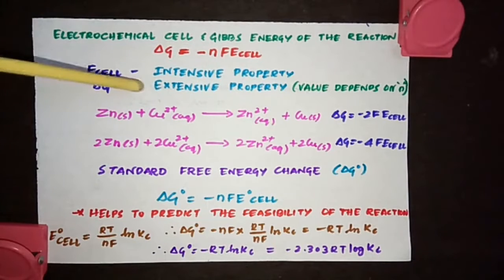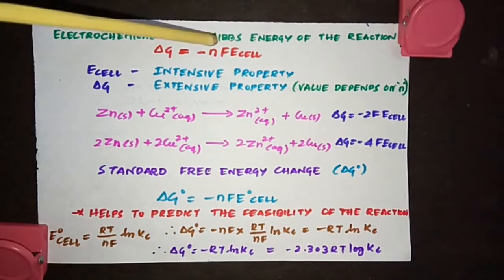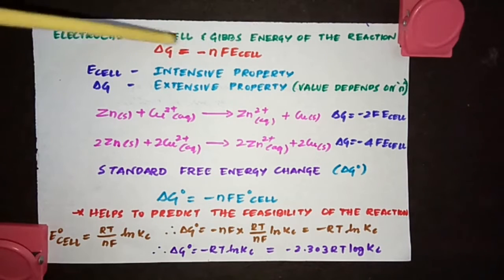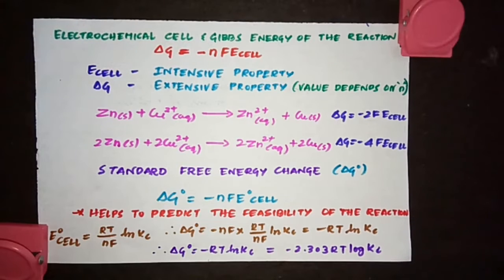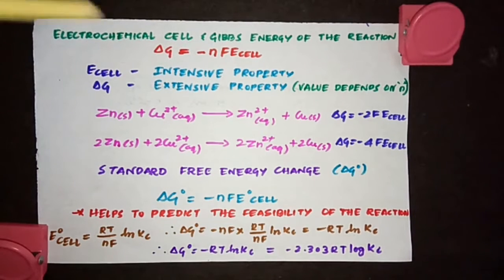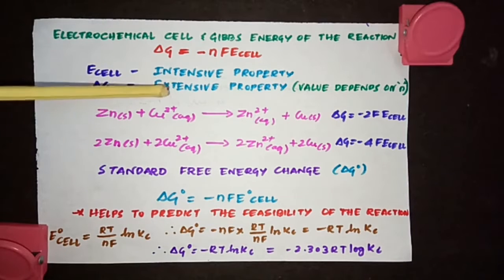And you have to note one thing here. When we talk about these properties, we use the term intensive property and extensive property. When we say intensive property, we mean that that property does not depend upon the amount of matter. If the property depends upon the amount of matter, then we call that an extensive property.